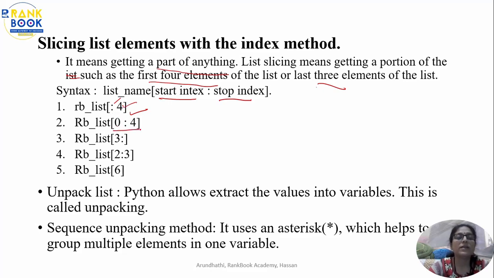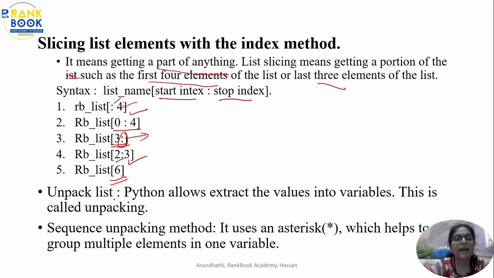Here it is clear with the initial value 0 and final value 4, and here we don't know the ending point, so it considers all the elements up to the last end point. And here the initial value is 2 and the ending point is 3, and the last one is the digit 6.